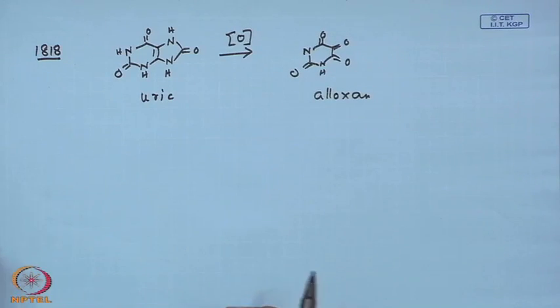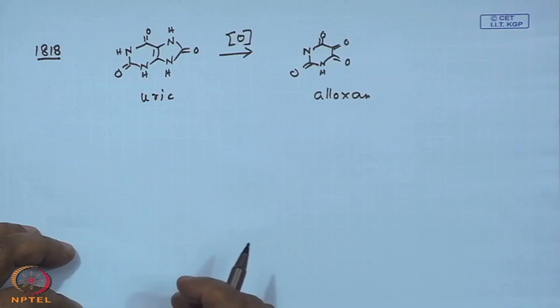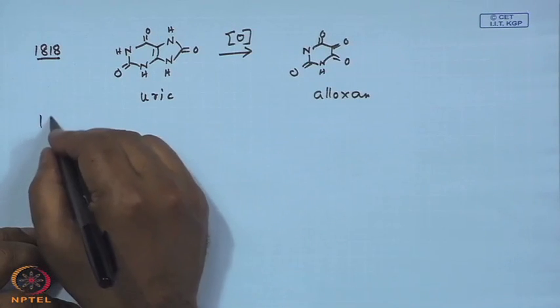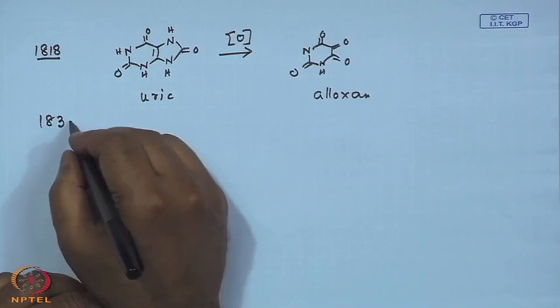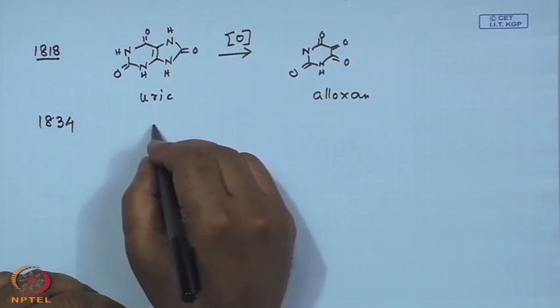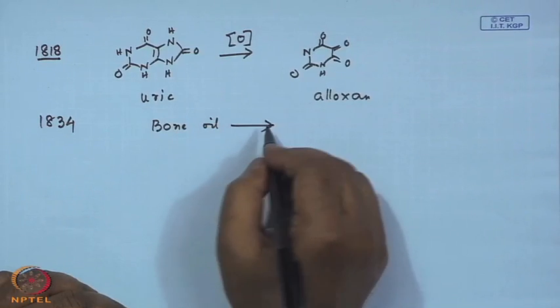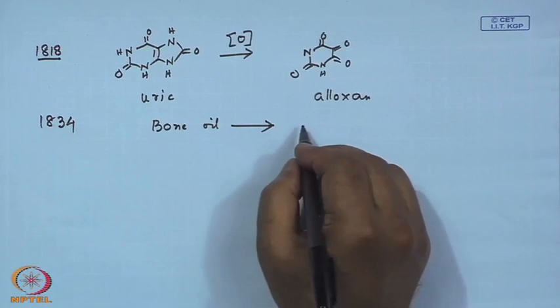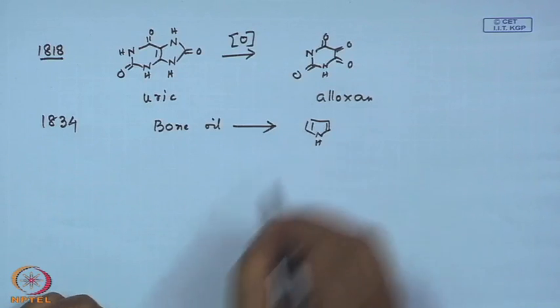So, uric acid was known long ago, in 1800. This is just a little bit of history. Go back to 1834: if you take bone oil and do the dry distillation, you get a molecule, all of you know what it is, pyrrole.